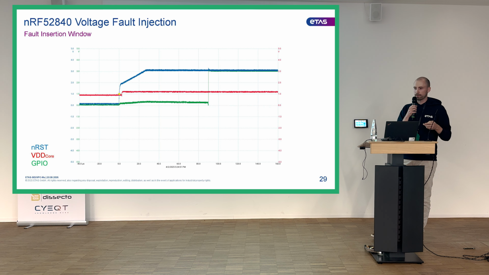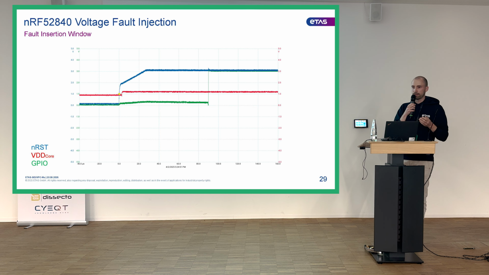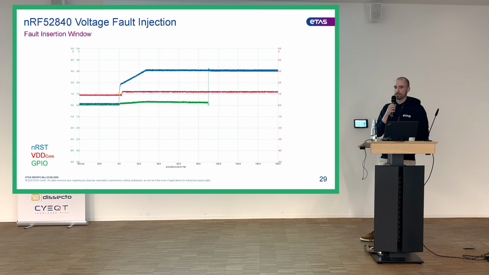Okay, so what is our goal? Our goal is to make the chip think that it should unlock the debug port, even though the flash memory, the non-volatile memory, says it should be locked. So we have a device where the debug port is locked, and we want to look at what's stored inside of it, so we want to unlock the debug port.